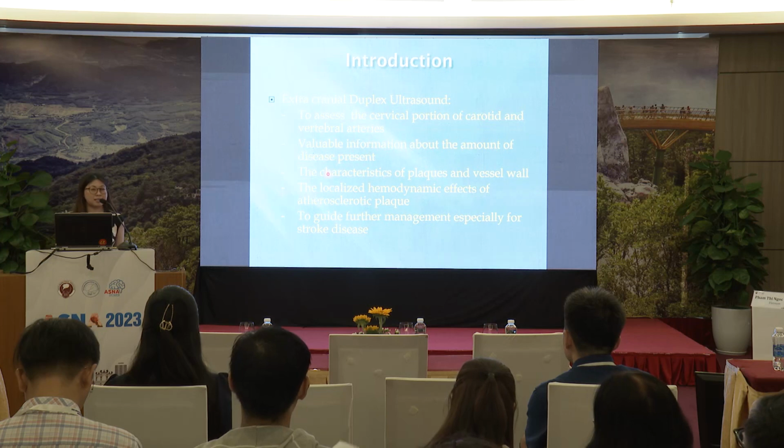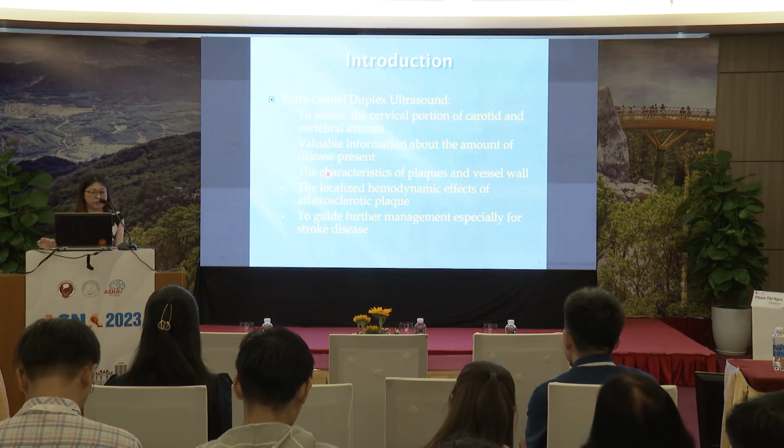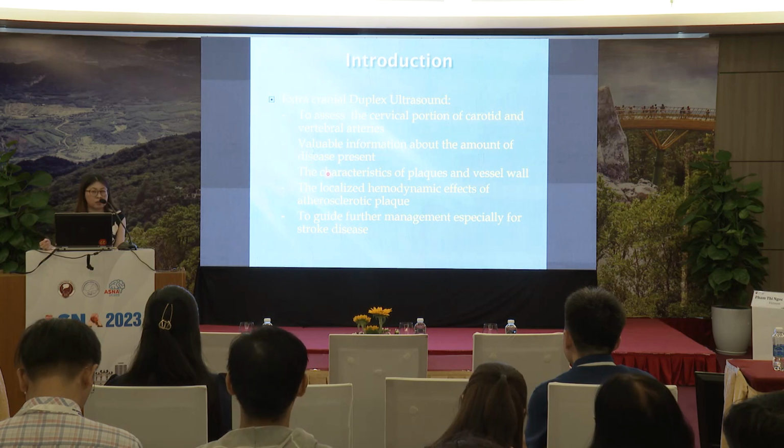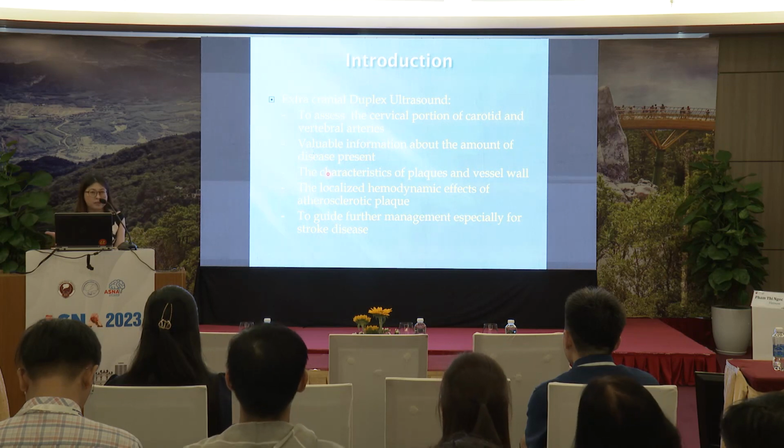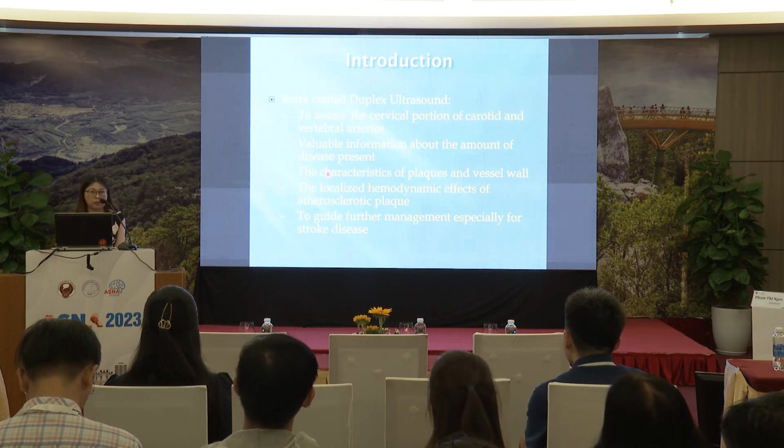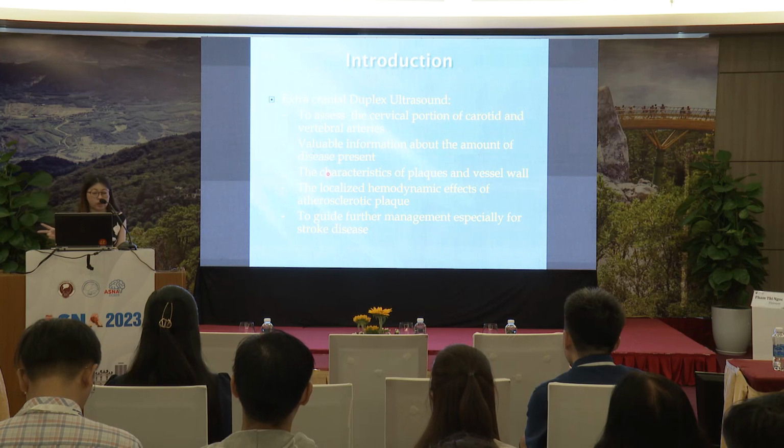And this is the extracranial ultrasound. The function is to assess the cervical portion of the carotid and vertebral arteries. Because by using the ultrasound carotid, it will give us valuable information about the amount of disease present, and the kind of plaques, could be severe or moderate, and also the presence of plaques could be heterogeneous, homogeneous, or isoechoic plaque as well.